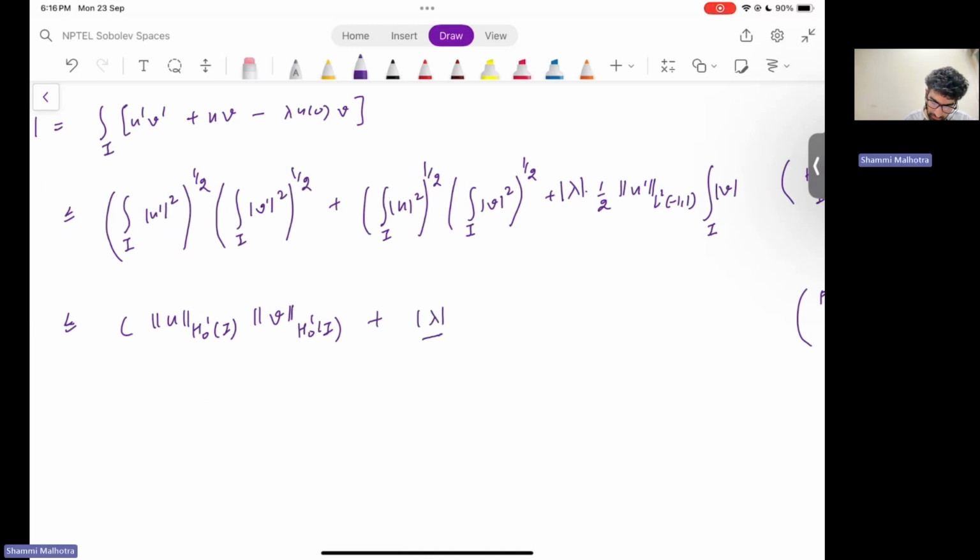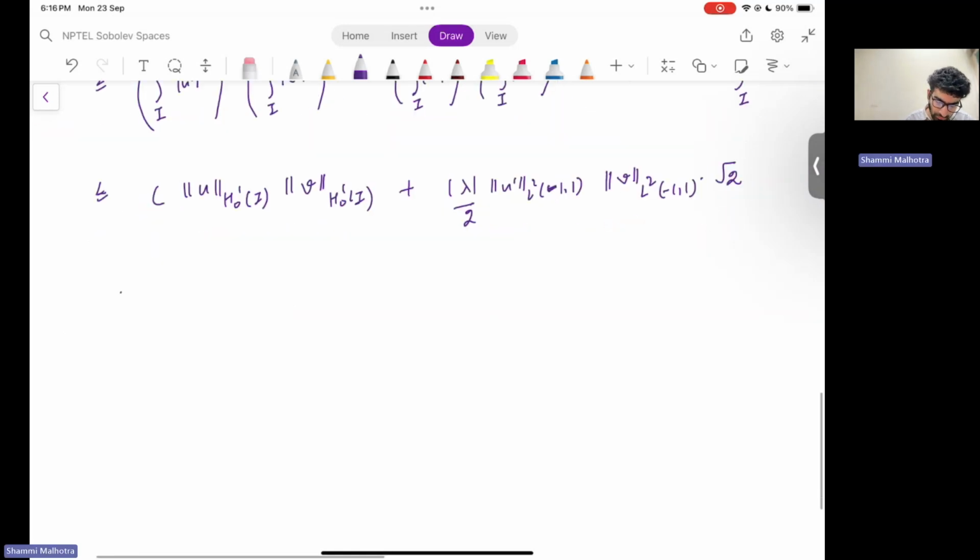So mod lambda by 2 times the L2 norm of u' on minus 1 to 1, and then we have this again, the L2 norm of v, with the square root of 2 here.